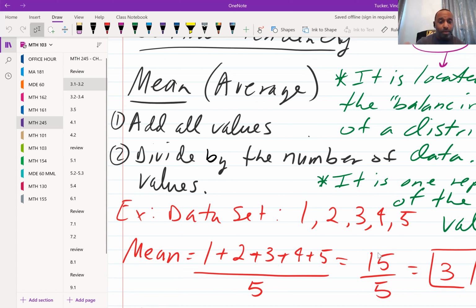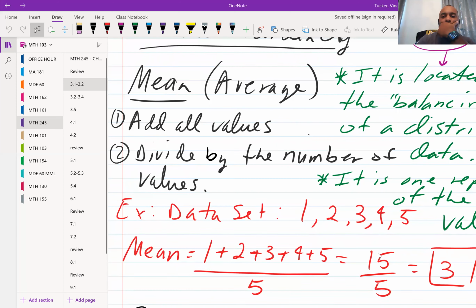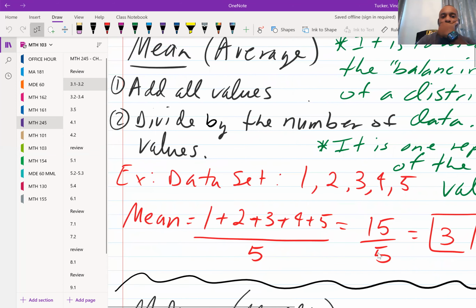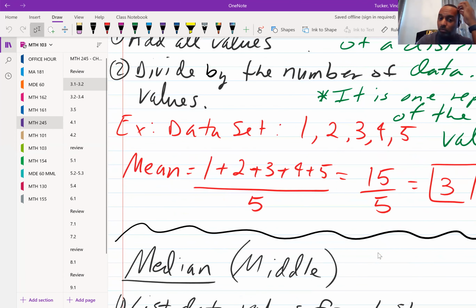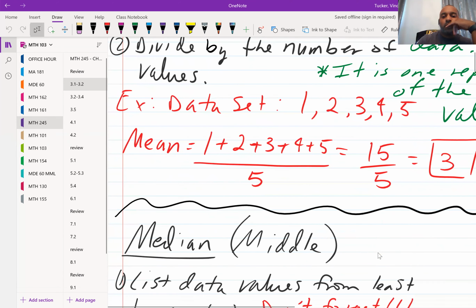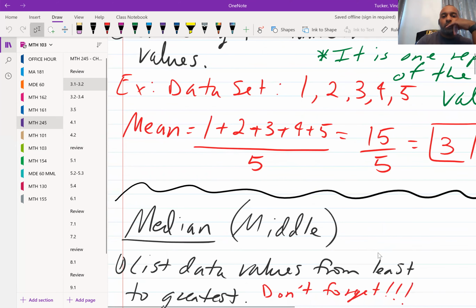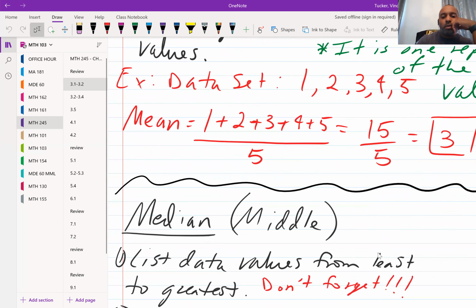So the average or the mean of that data set would be 3. If I scroll up and somebody's still copying, always, like I said before, make sure you let me know.